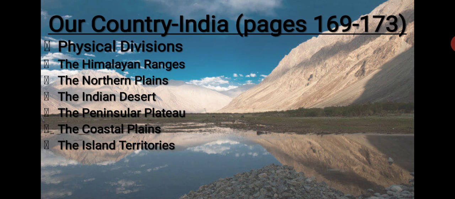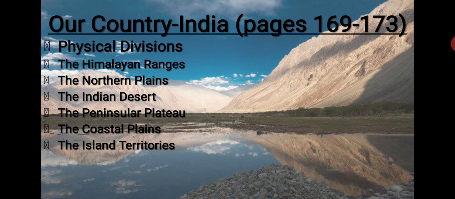The variety is visible not only in its people and their customs, but it also lies in the landforms. So children, India has a great variety of landforms. These landforms include lofty mountains, plateaus, plains, coast and islands.